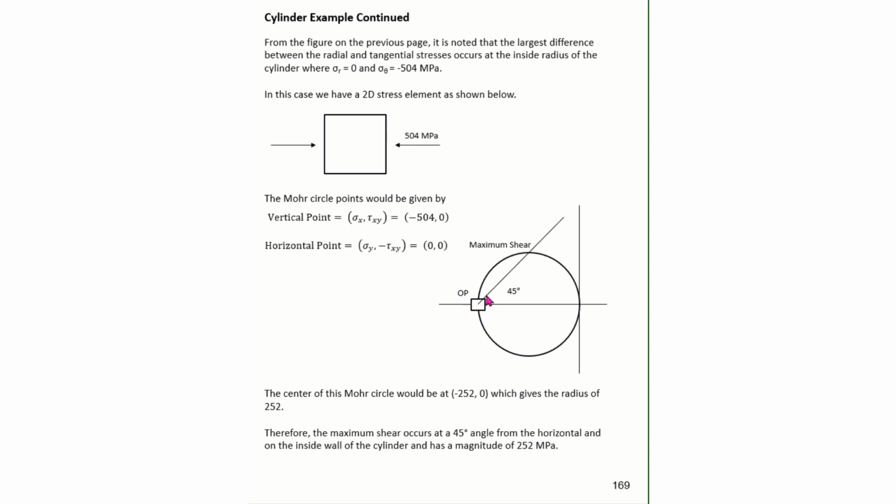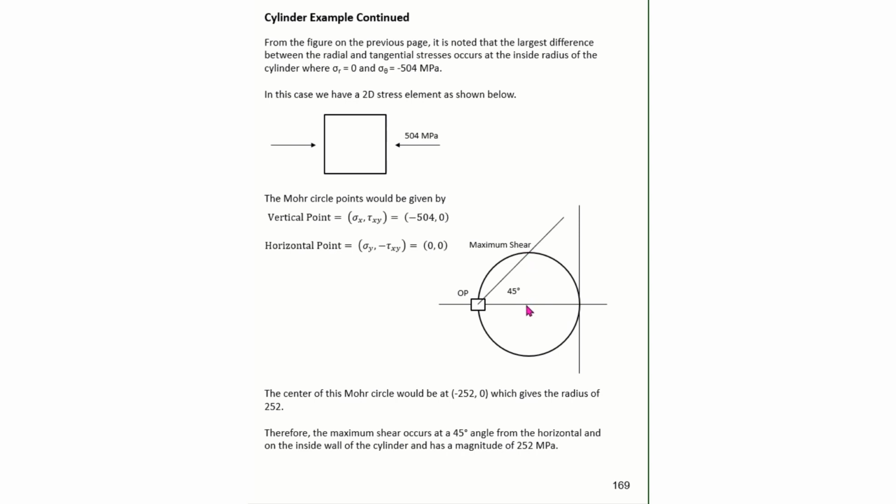My maximum shear will occur on a 45-degree angle coming up to this peak. And that's because my origin of planes here is at the 0 tau location. And so for a circle, if you're at this horizontal point, the angle to the peak is 45 degrees.